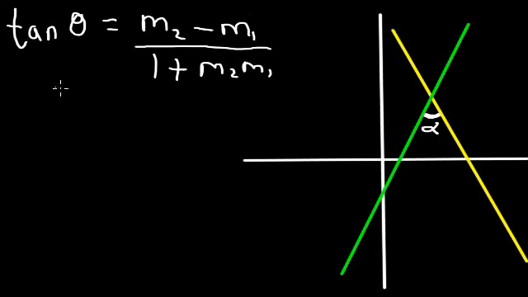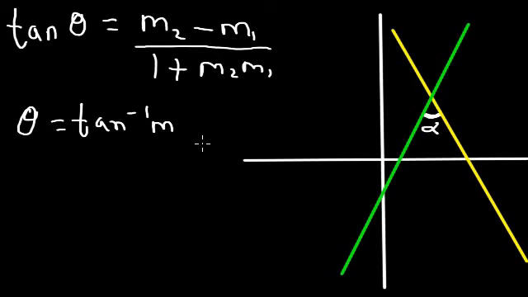Now, there's one thing I would like to ask you. Do you know the formula that helps us to find the angle of a slope? Here it is. To calculate the angle of a slope, all you need to do is take the tan inverse of that slope. So let's take, for instance, we want to calculate the angle of the slope of the green line.